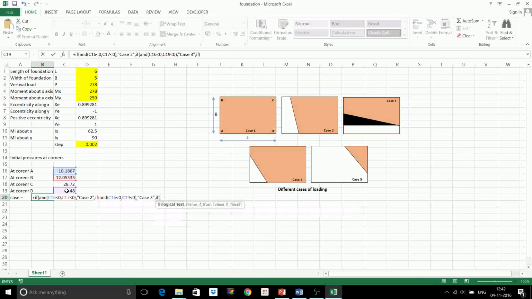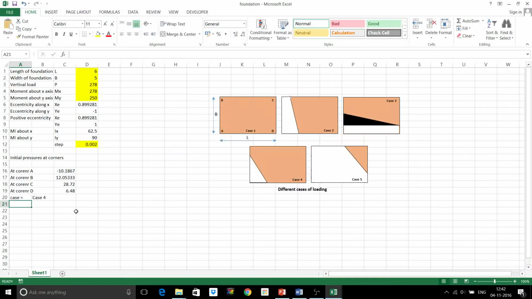Then if, for this case only A is negative, then case 4. If all the 3 are negative, then case 5.